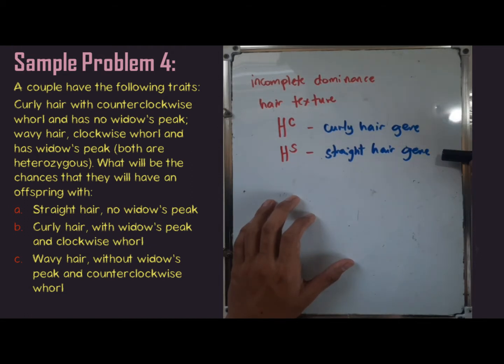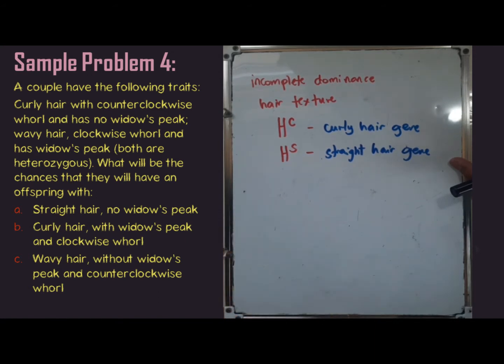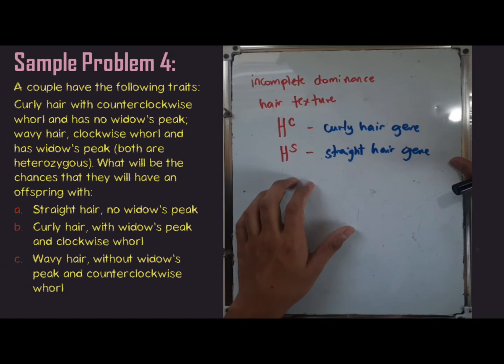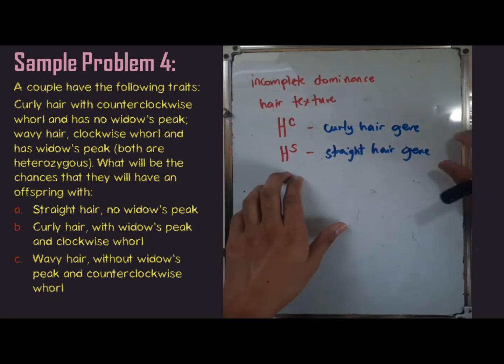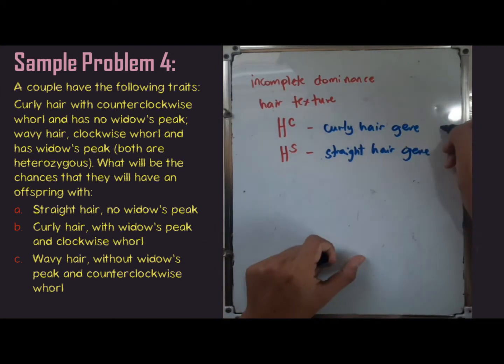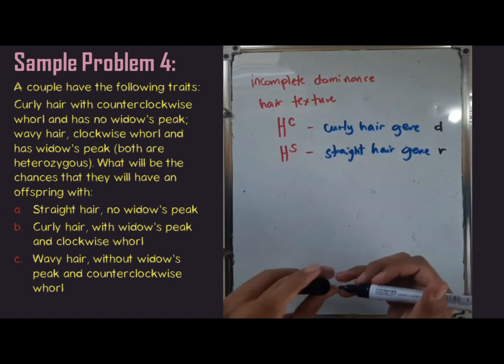The straight hair gene will be manifested as straight hair if there is homozygous presence of that gene. But please take note that the curly hair gene is more dominant and the straight hair gene is recessive.